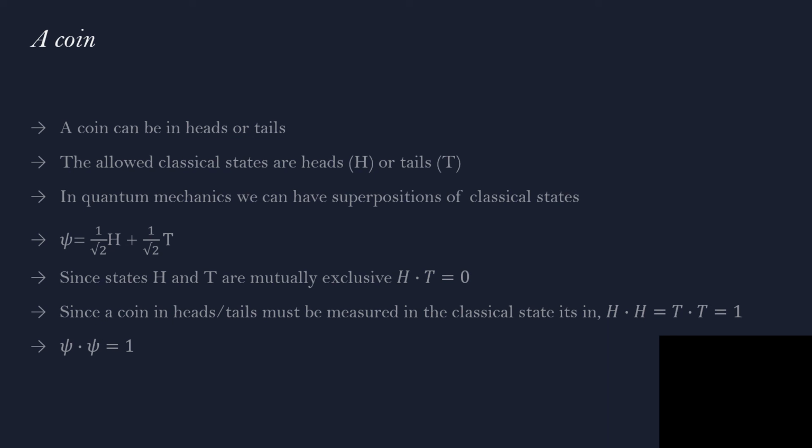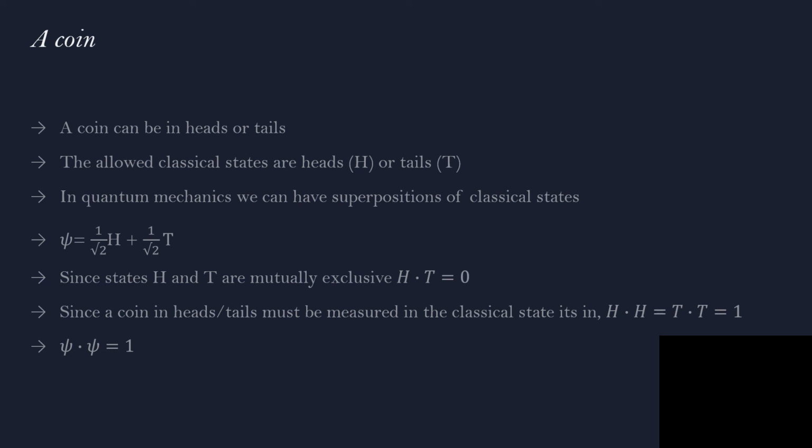So we've used orthonormal classical states, which comes naturally from thinking of the nature of heads and tails, to work out the inner product of our state vector with respect to itself, and we found that we have a normalized state vector.